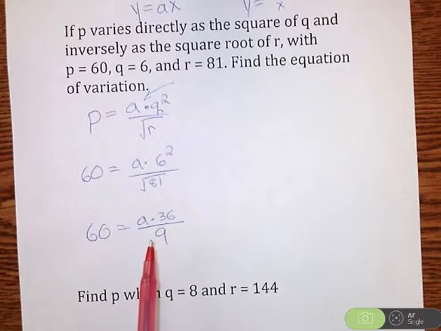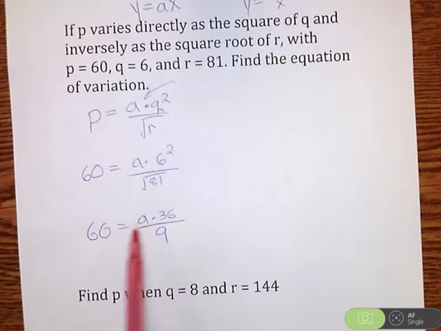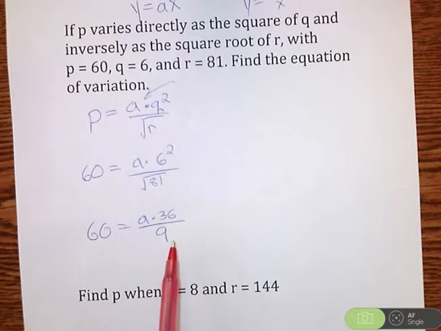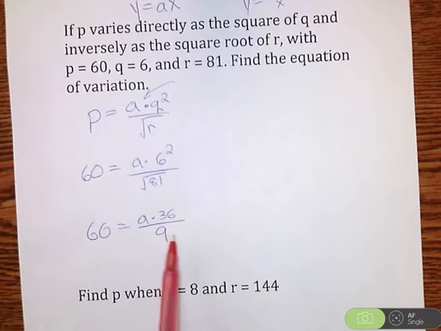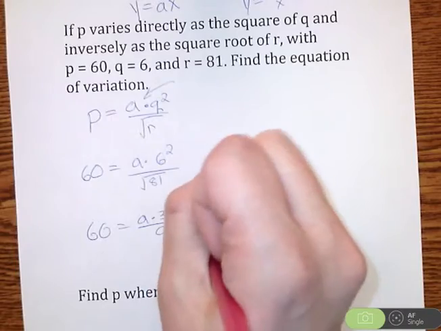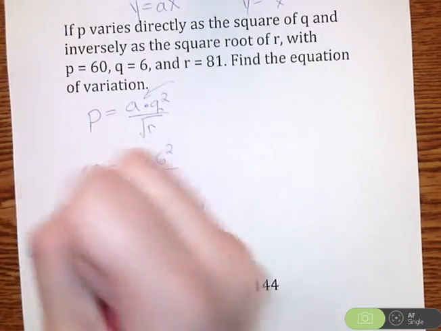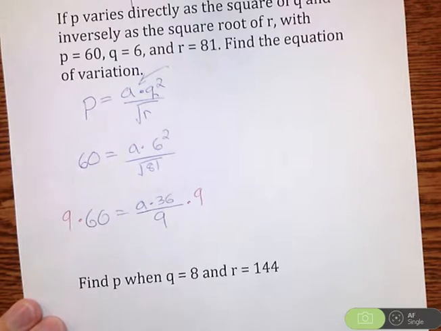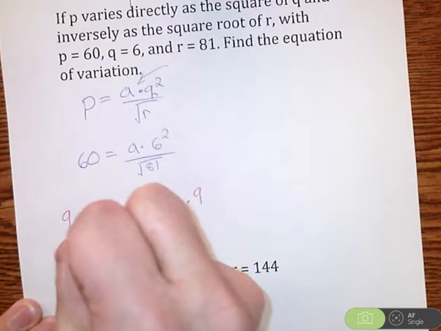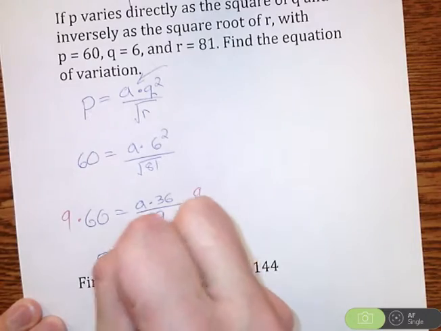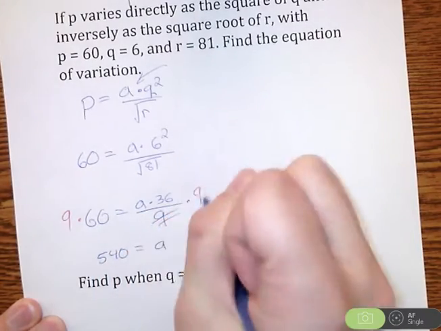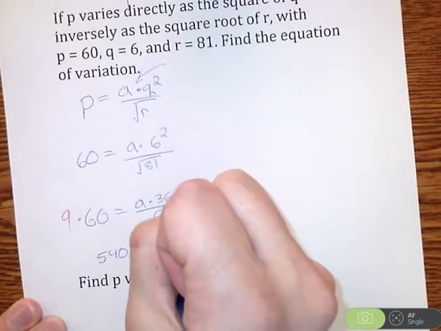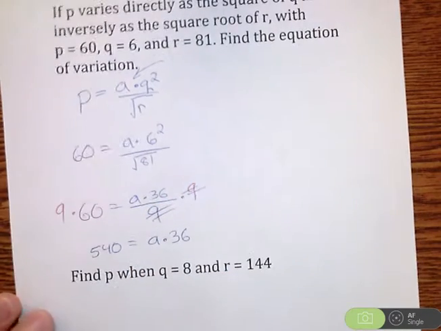If I'm going to solve this for a, I want to get a by itself. So right now I have a times 36 divided by 9. So I'll work on this 9 first. To get rid of a division by 9, I'm going to multiply both sides by 9. If I do that, 9 times 60, that is 540, is equal to, and I just have, because those 9s are inverses, a times 36.